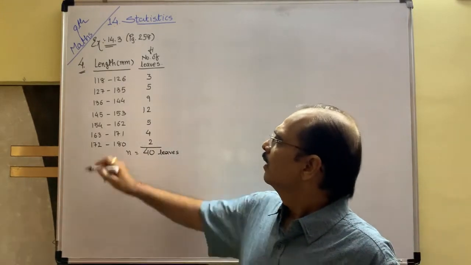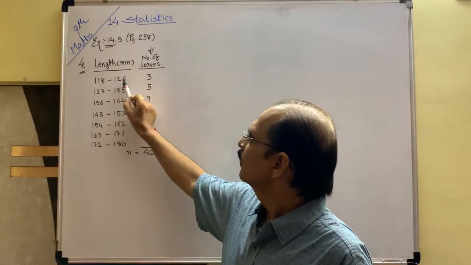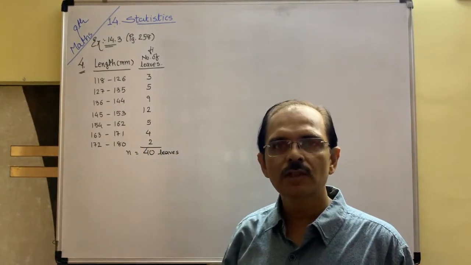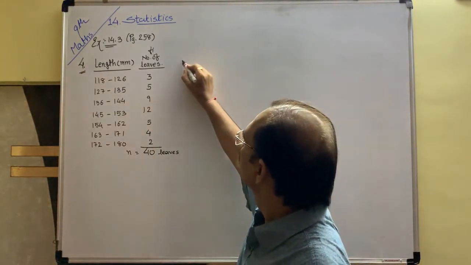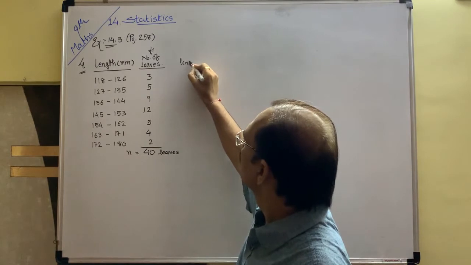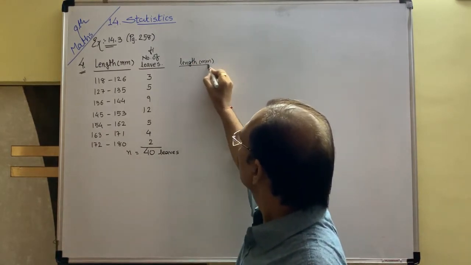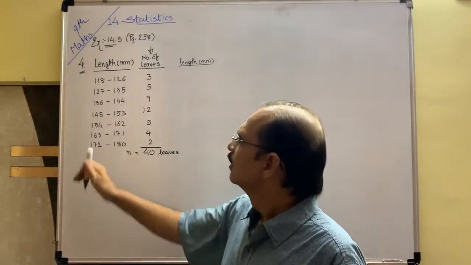See, here a discrete frequency distribution is given, 118 to 126 and then a break, 127 is there. You have to convert it into continuous frequency distribution. So for that, again write length in millimeter. Now if you want to convert this into continuous, then you have to do what?